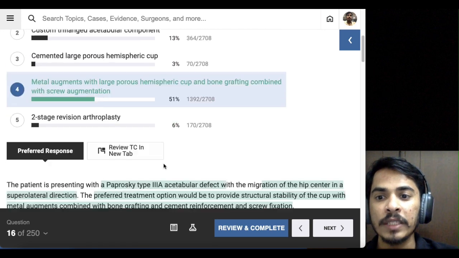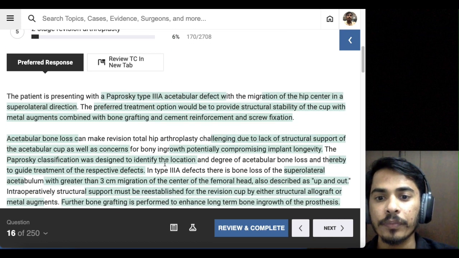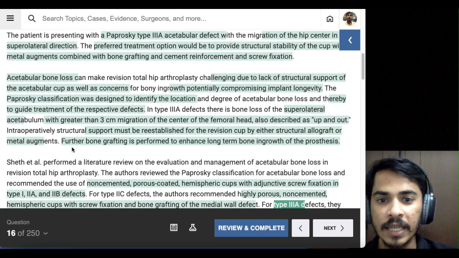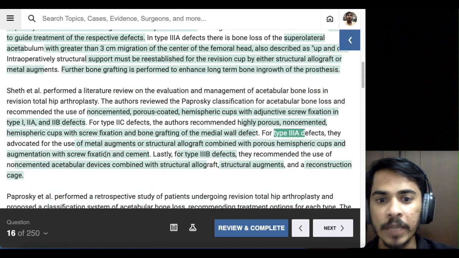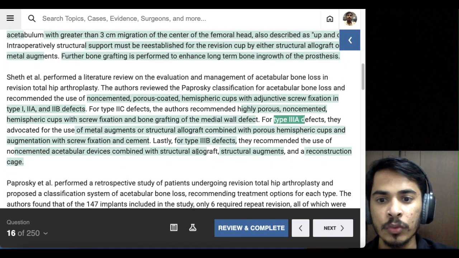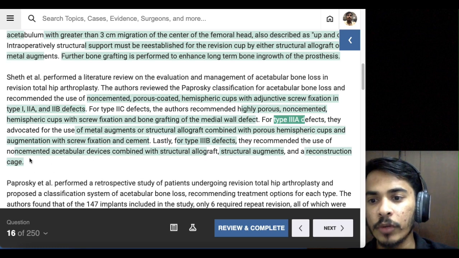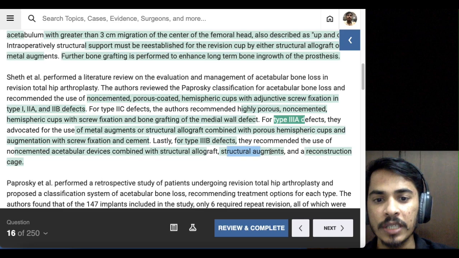If it is a type 3B, for type 3B defects we have to go for a non-cemented acetabular device combined with structural allograft, structural augments, and a reconstruction cage.